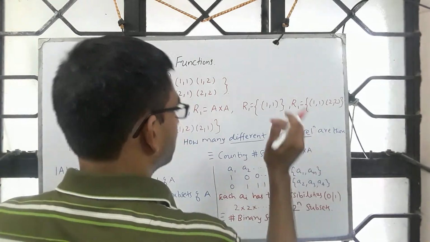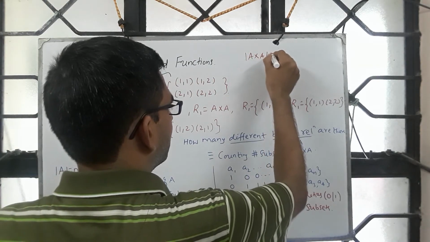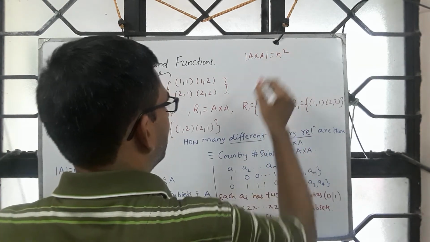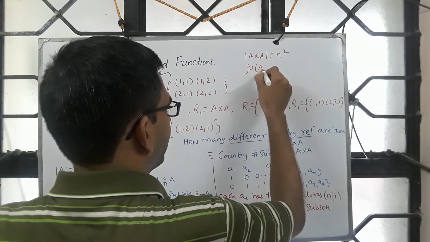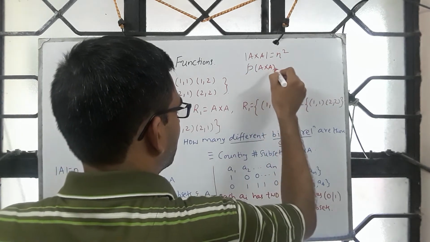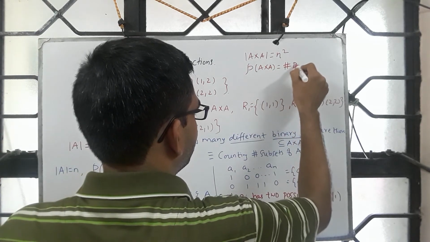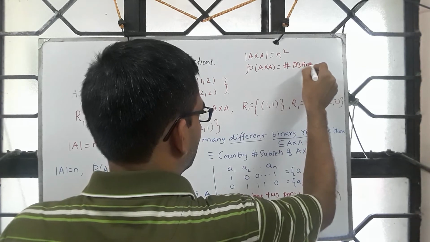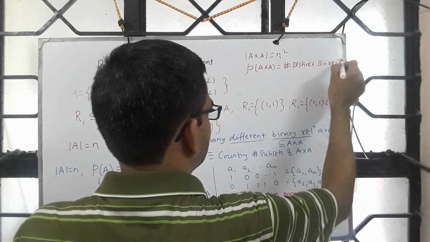And to us, the cardinality of A cross A is n square, which means the power set of A cross A is precisely the number of distinct binary relations.